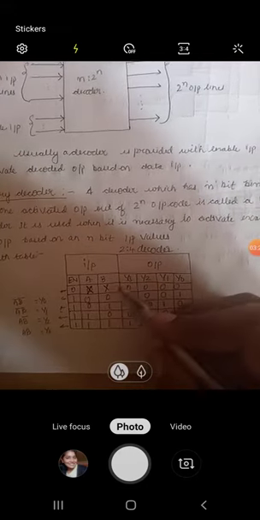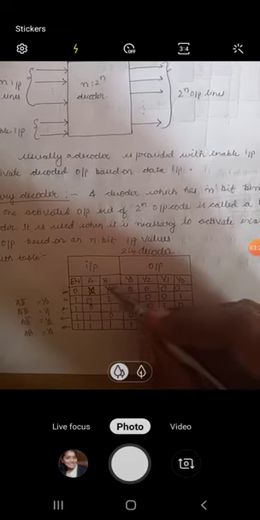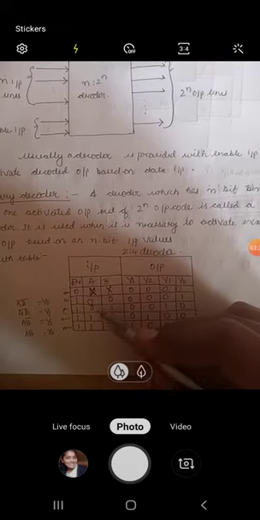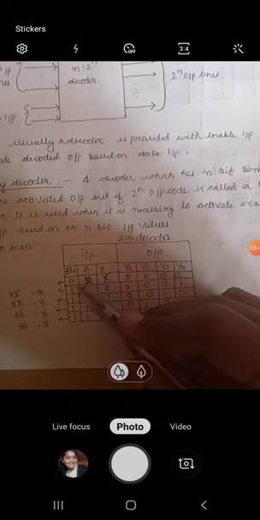Here A, B goes 0, 1, 0, 1, changing by 1 bit, and 0, 0, 1, 1, changing by 2 bits. I have one more input, the enable input, as before. I am going to keep it 0.